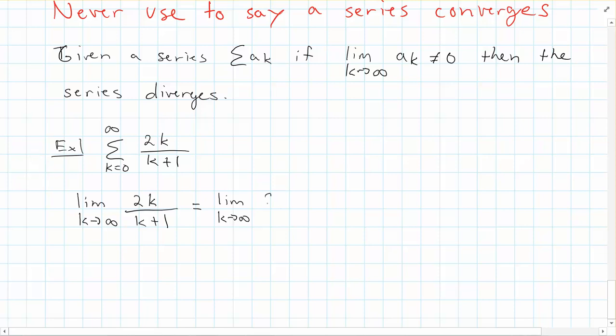So this would be the limit as k goes to infinity of 2k over k, which is equivalent to the limit as k goes to infinity of 2, which of course is simply 2.